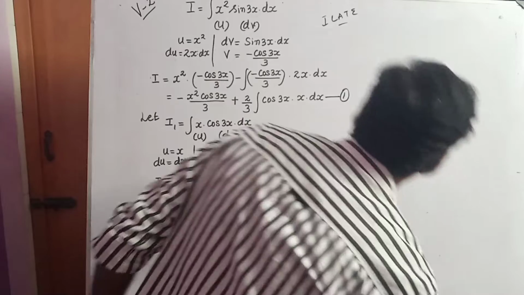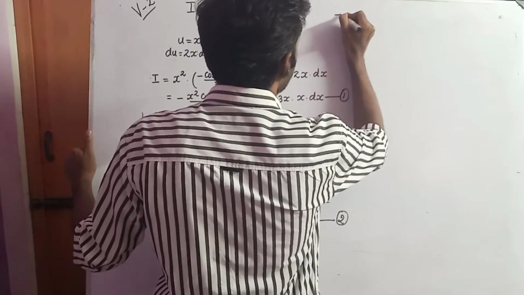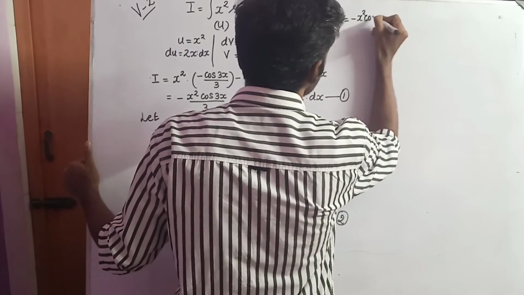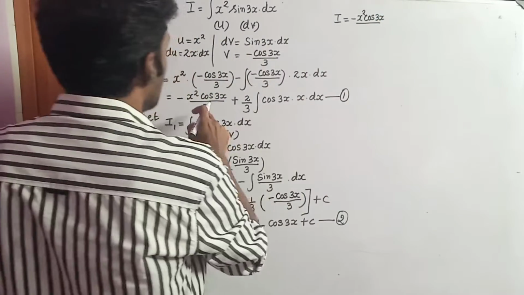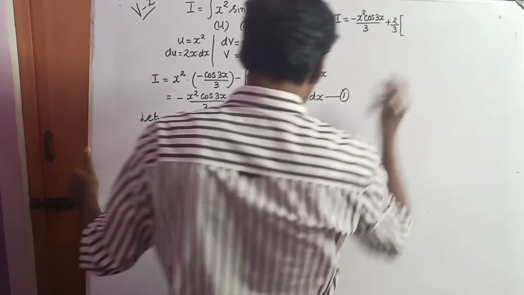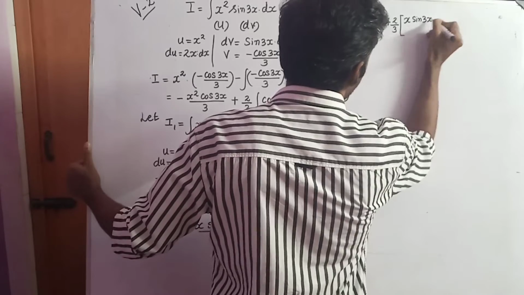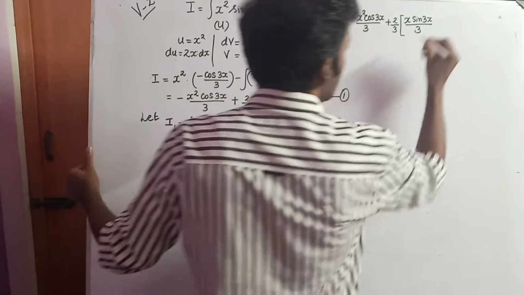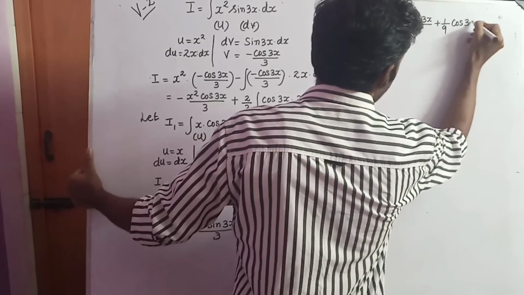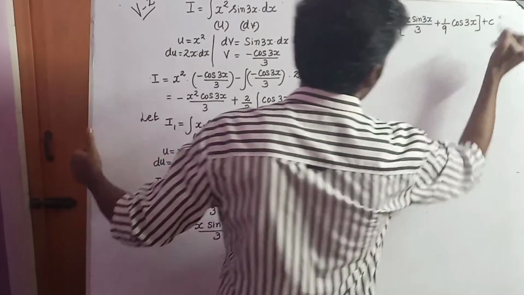So I is equal to minus x squared cos 3x divided by 3 plus 2 divided by 3 into, I have this term, x sine 3x divided by 3 plus 1 divided by 9 cos 3x, plus c.